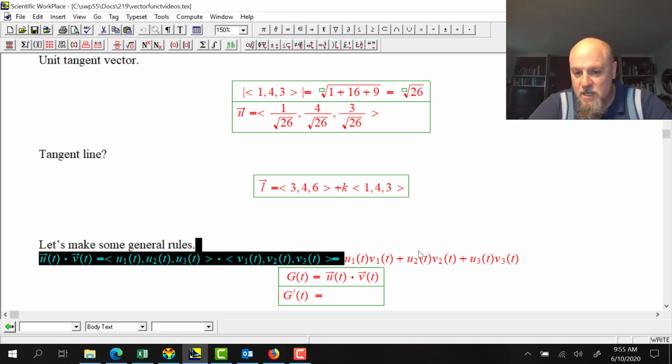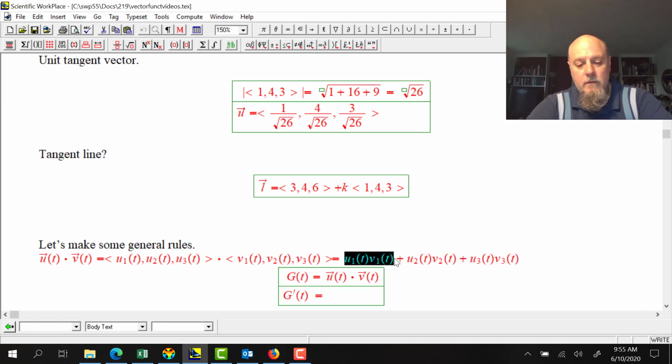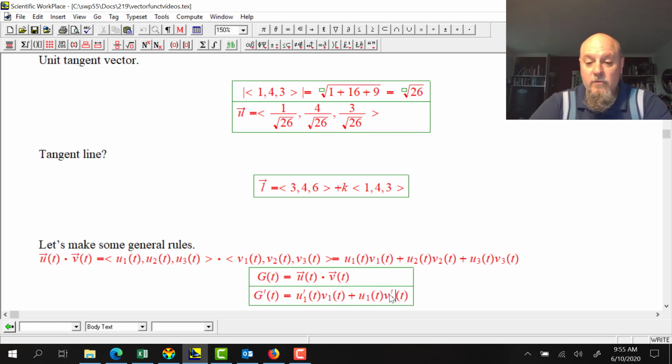It would be differentiate this piece here, but that would just be doing product rule on the first piece, which would be take the derivative of the first, I'm doing product rule, derivative of the first, leave the second alone, plus leave the first alone, times the derivative of the second. That's my derivative of this piece.